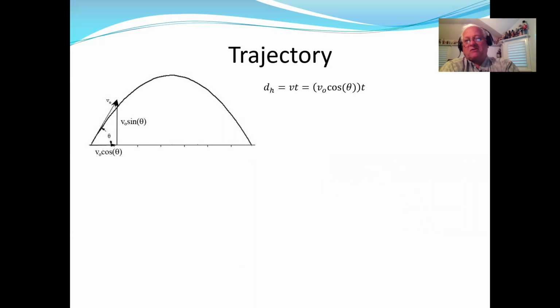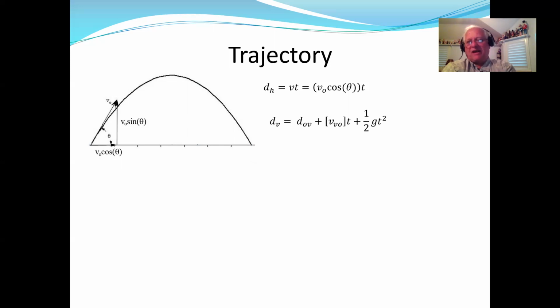The object basically moves at a constant velocity, so there is no acceleration horizontally. It's simply scuttling along at that velocity until it hits the ground. So the horizontal distance is simply velocity times time, that would be v naught cosine theta times time. That gives me the time dependence of the horizontal distance.